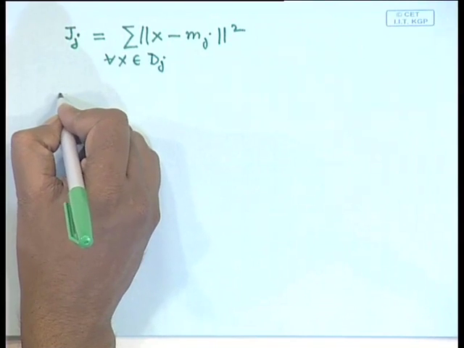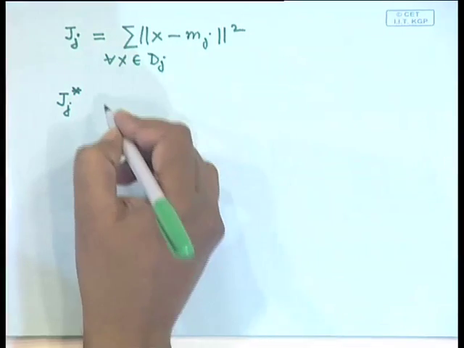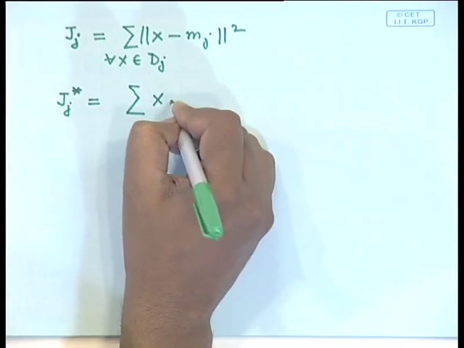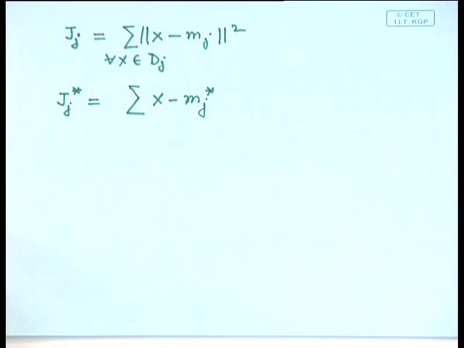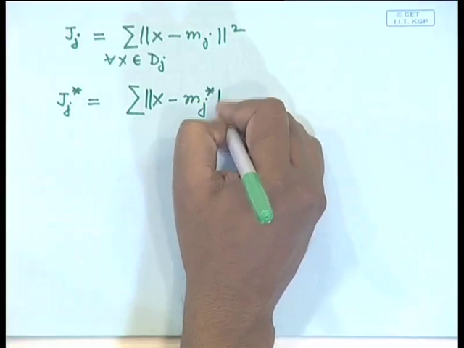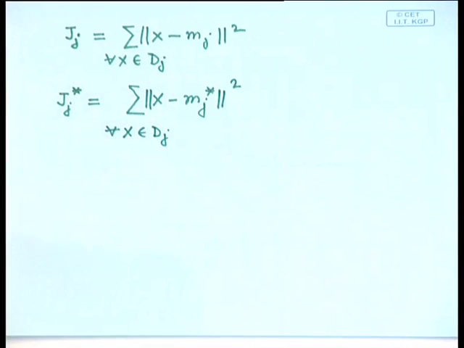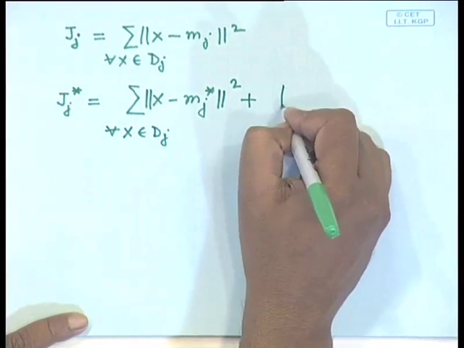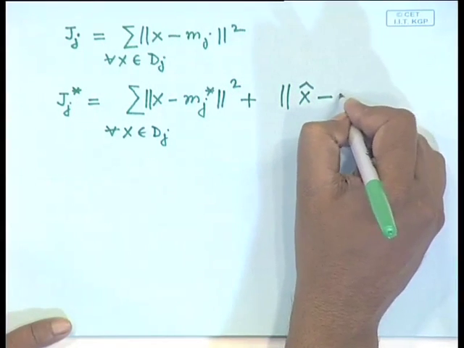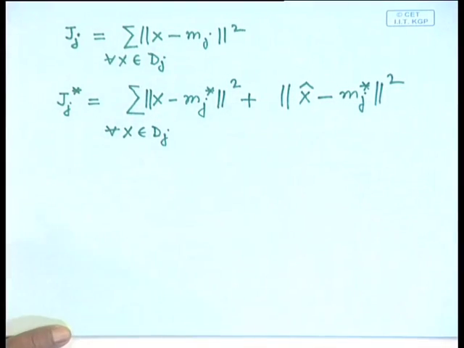After I put in this x hat, the total error in the jth cluster changes to x j star, which is nothing but the summation of x minus m j star, because now the new mean is m j star, it is not m j anymore, squared, for all x belonging to cluster d j, plus, as this new feature vector x hat has been included in the jth cluster, x hat minus m j star squared. This is the total error in the jth cluster.